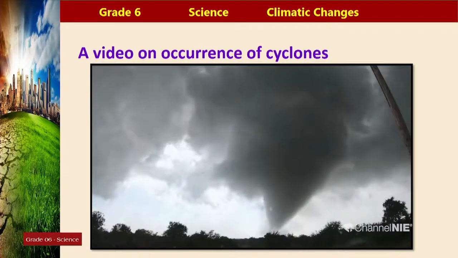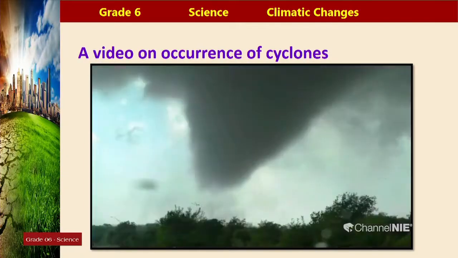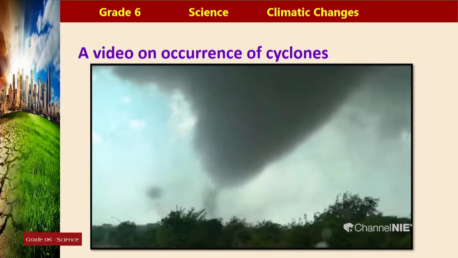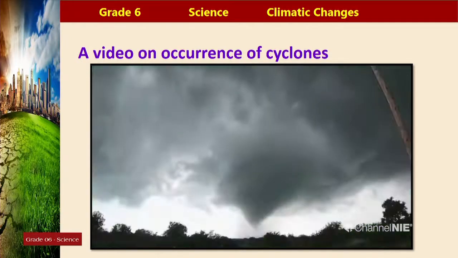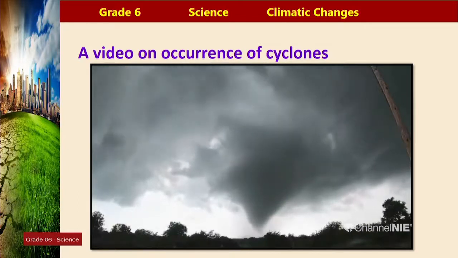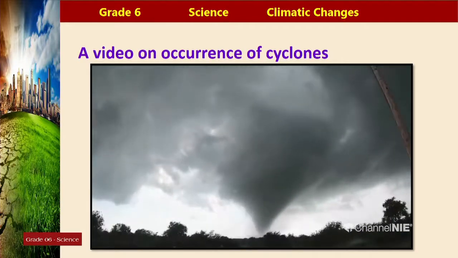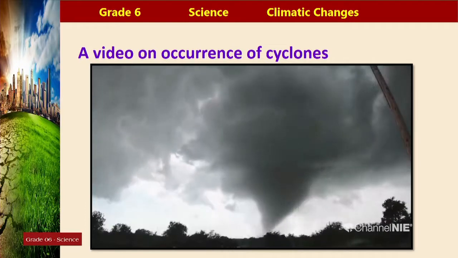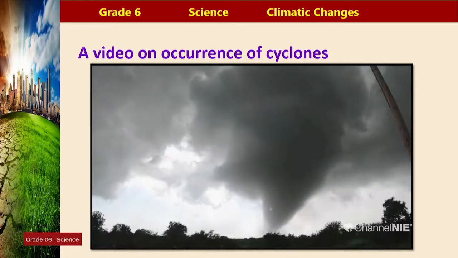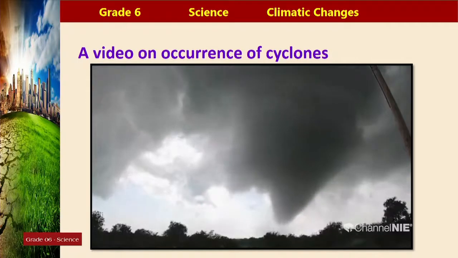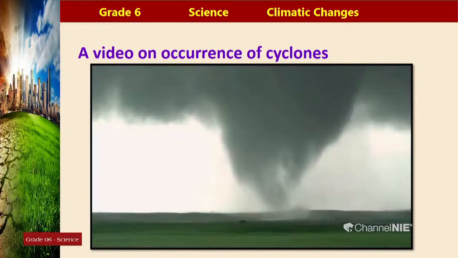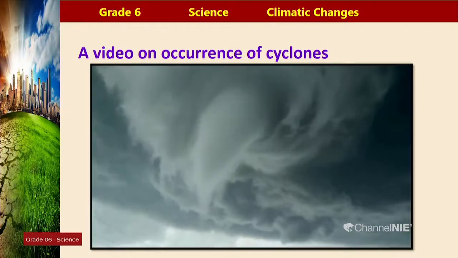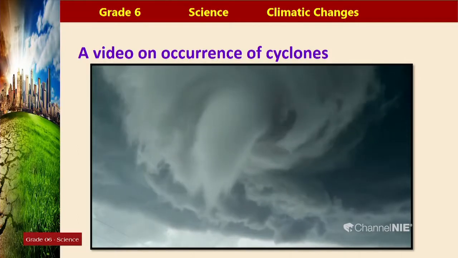As long as it is in the oceanic region, there is no harm, children. But whenever it migrates to the land, it destroys properties, plants, and even human lives. Right, so you can see how it would occur, how the air would rotate, how fierce it is.